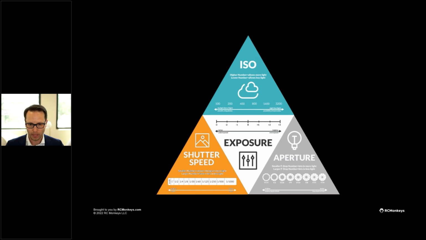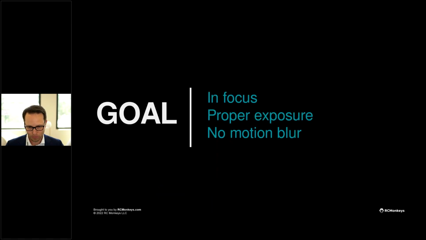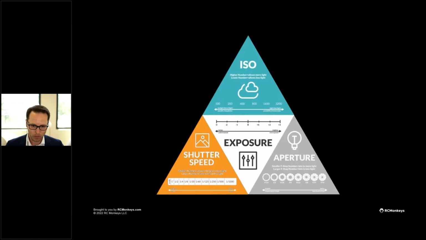And by combining different values for these three settings, you'll make sure that your image is in focus, you have proper exposure, and you avoid motion blur. Obviously, for motion blur, the faster the shutter speed, the better.